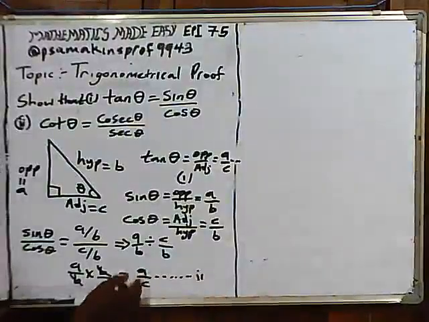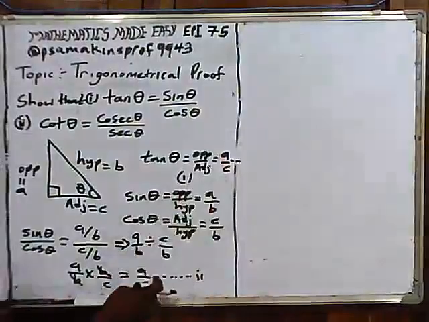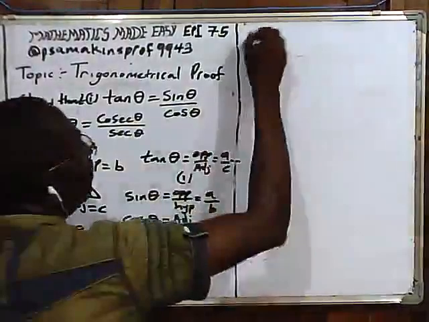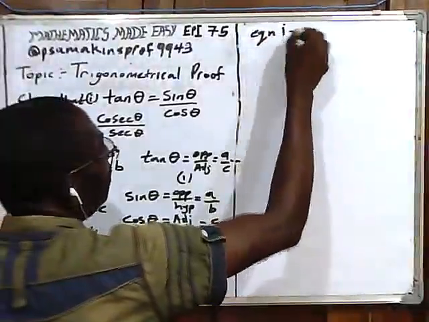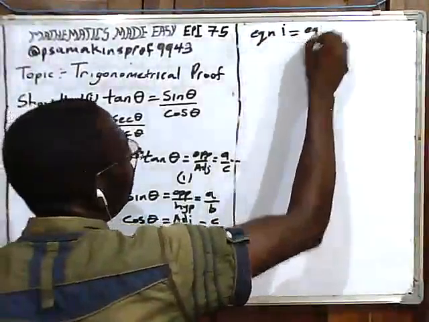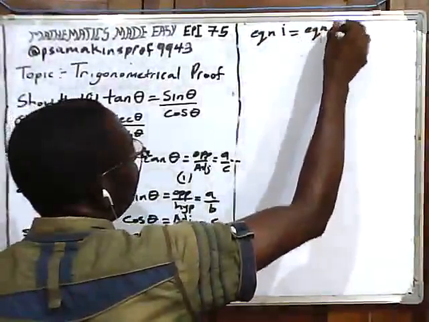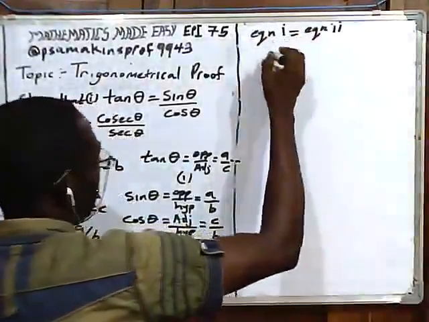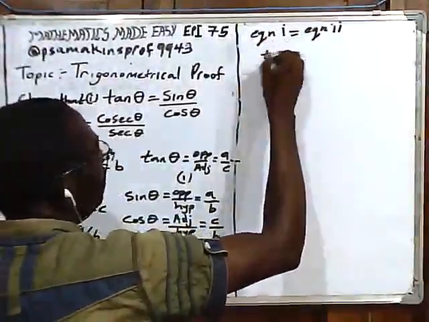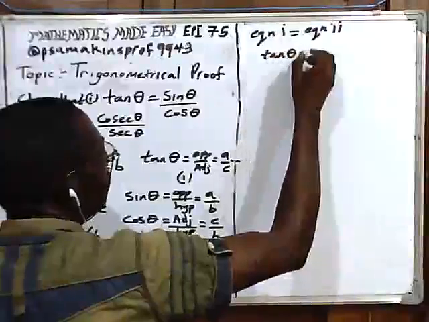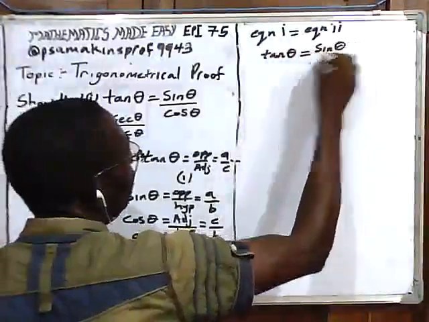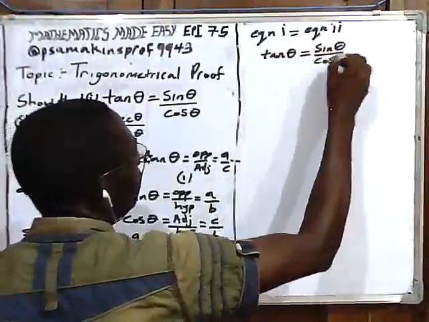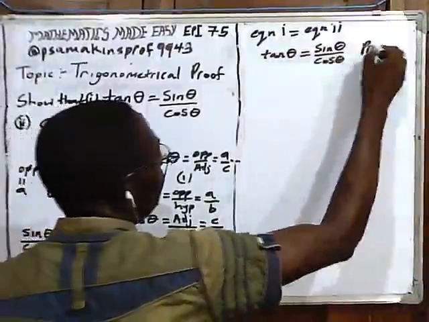You can now see that it is A over C, so equation 1 is equal to equation 2. That means tan theta of equation 1 is equal to sin theta over cos theta. Proved.